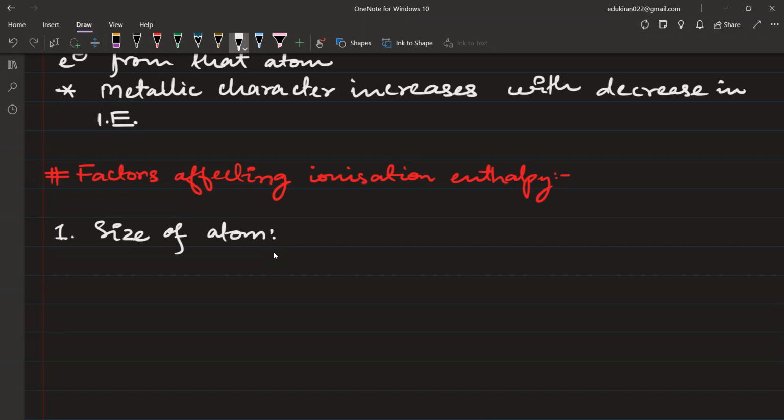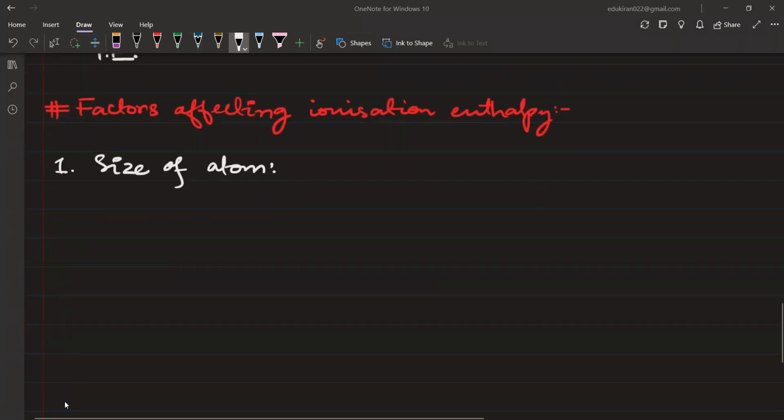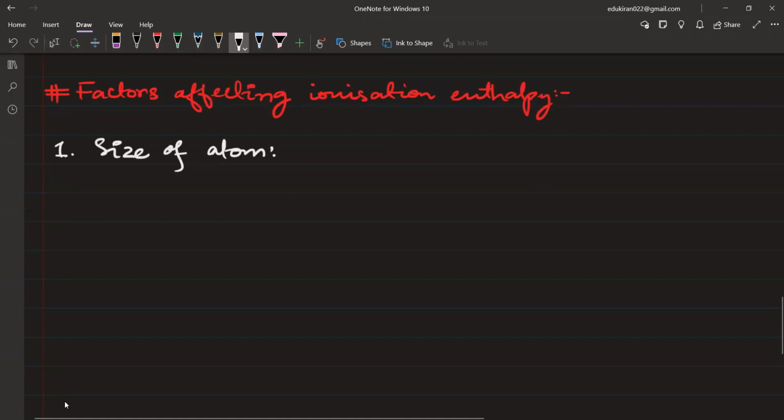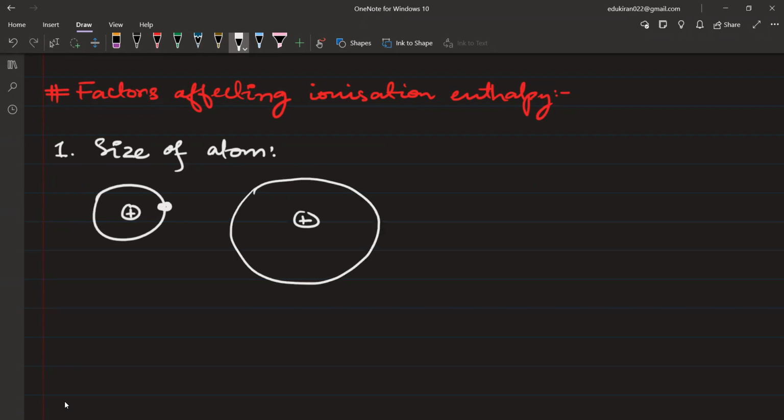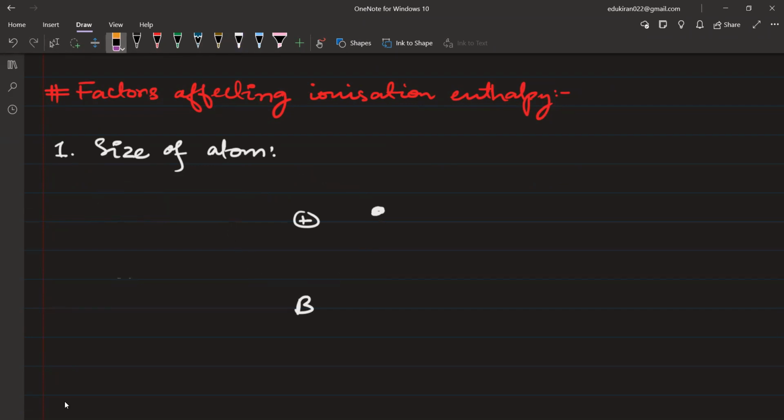Tell me, guys, what is going to happen if I have a larger size? If the electron is away from the nucleus, then will it be easier to remove the electron or difficult to remove the electron? If I have an electron close to the nucleus in one case, and in another case an electron that is away from the nucleus, which will be easier, A or B? B will be easier, right? B. That means we are going to require less energy in the B case.